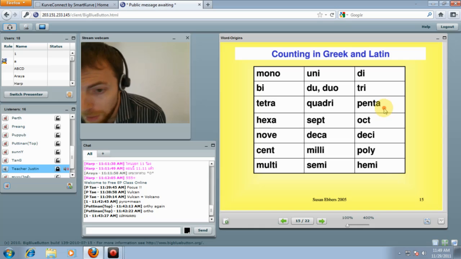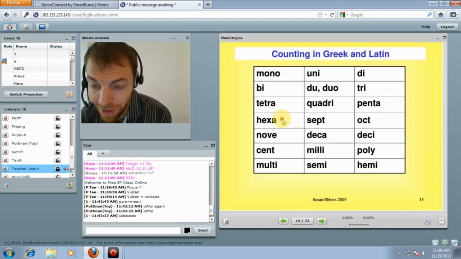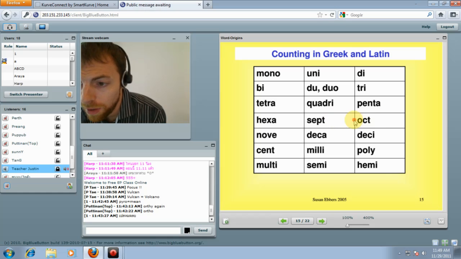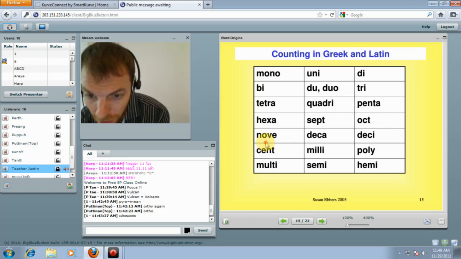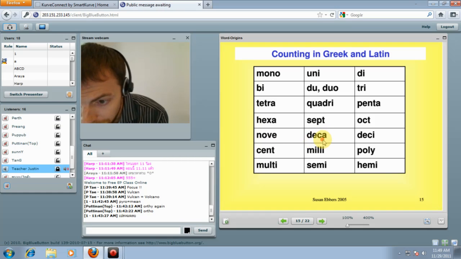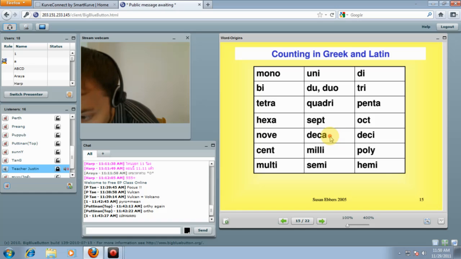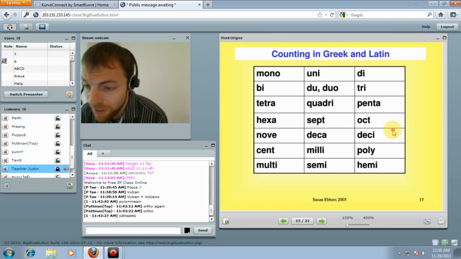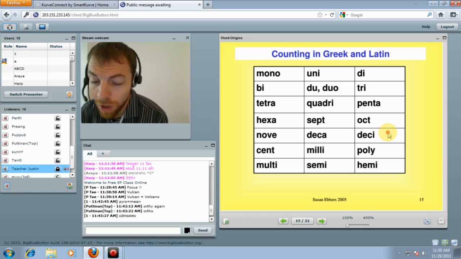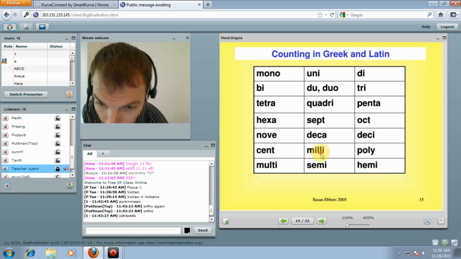Penta meaning 5. Hexa is 6. Sept, 7. Oct, 8. Nove, 9. And deca is 10. And deci can be 100, or also can be a tenth as well. It has to do with the tens place.